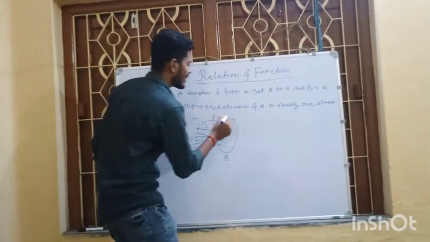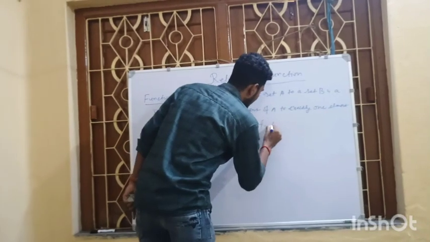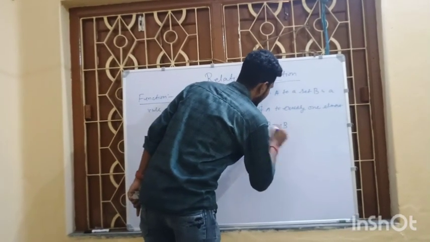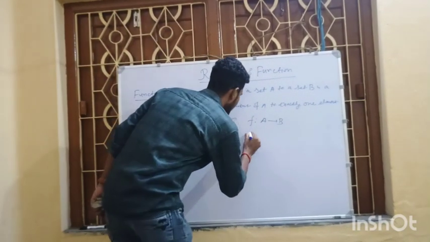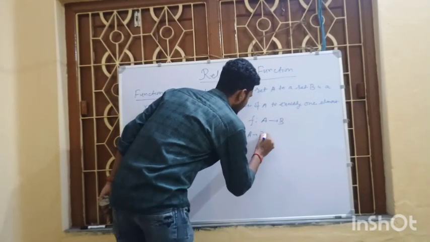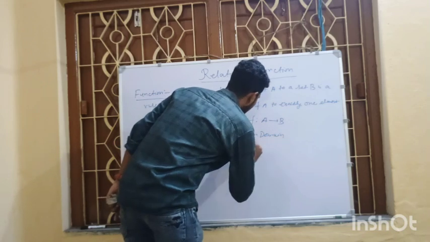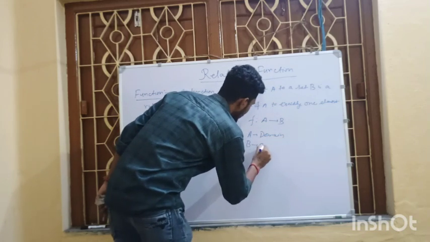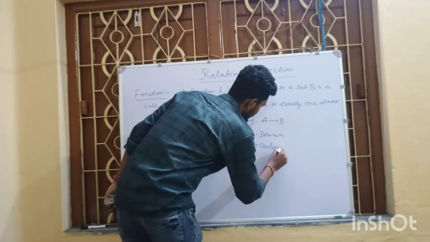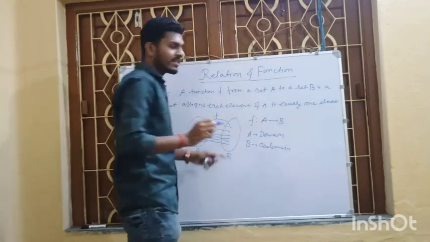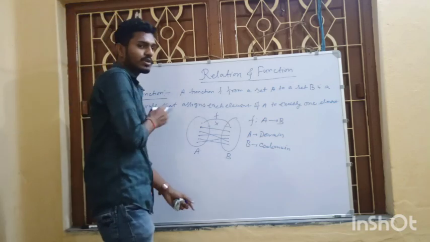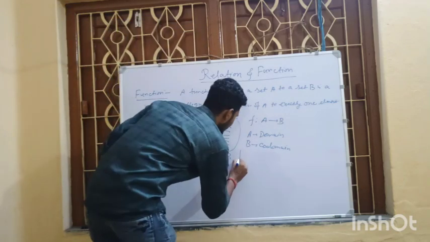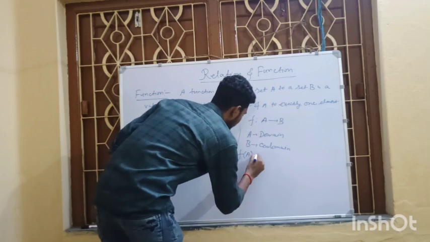So what is the notation? f is a function from A to B. This set A is called the domain, and this set B is called the codomain. And there is another term called range. Question, what is range? First we define f(A). What is f(A) actually?